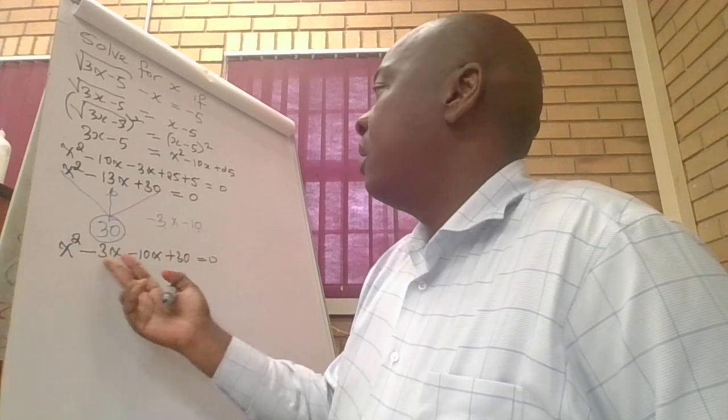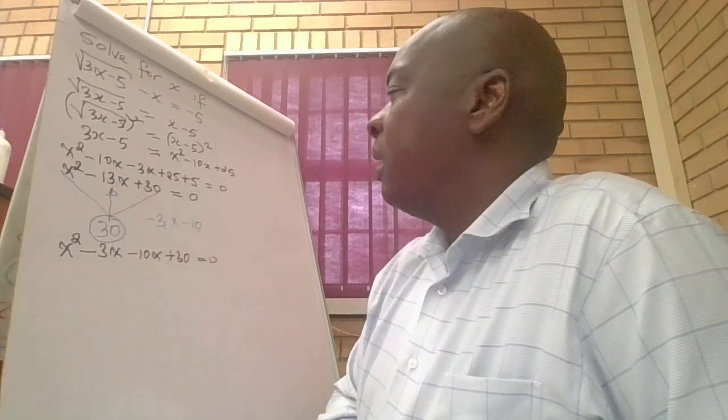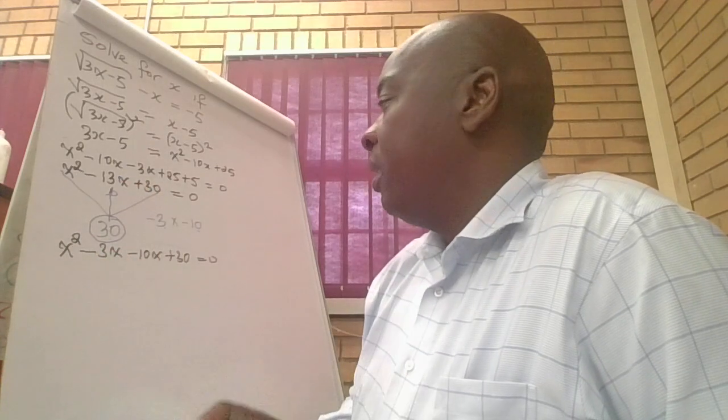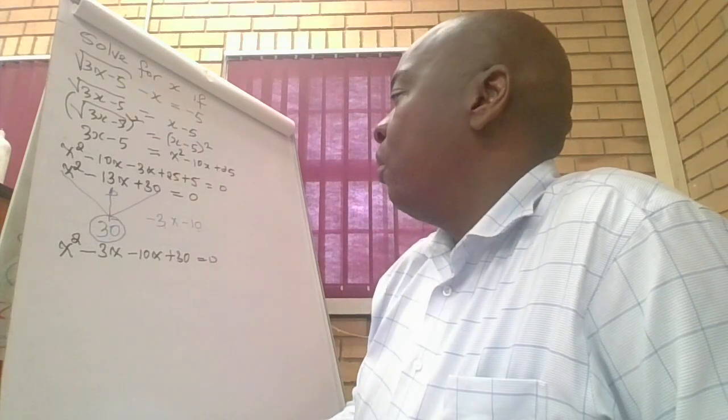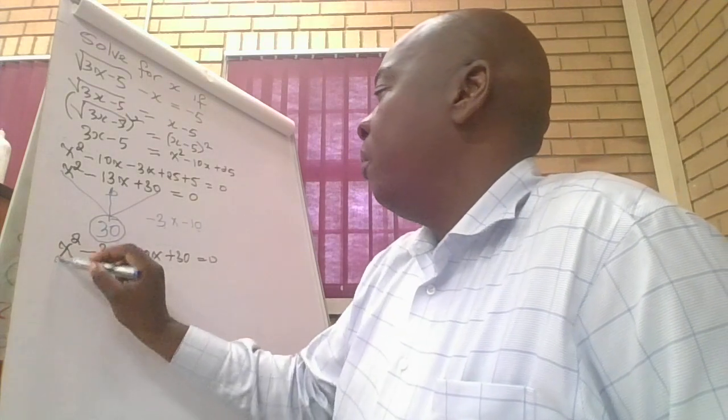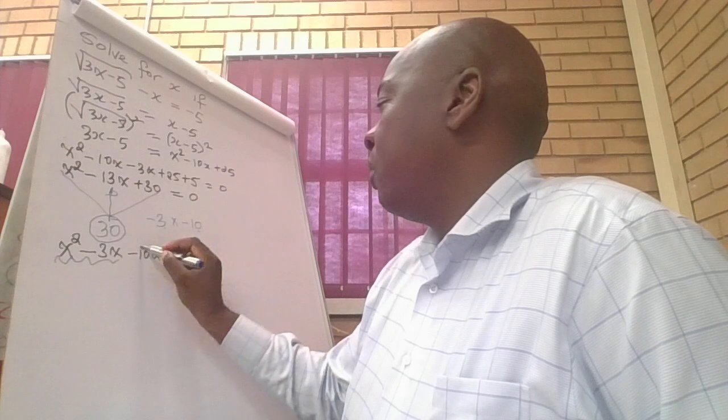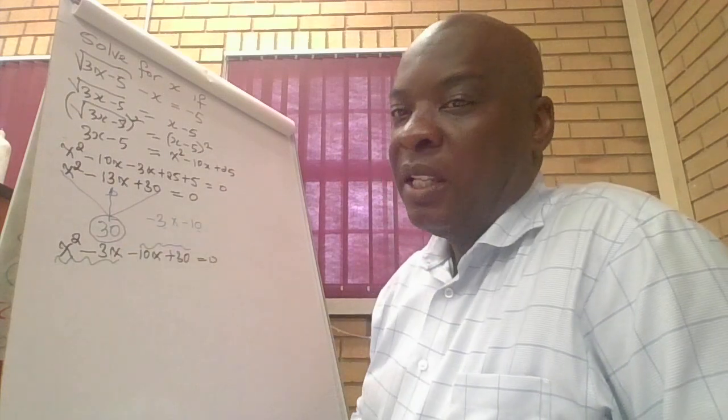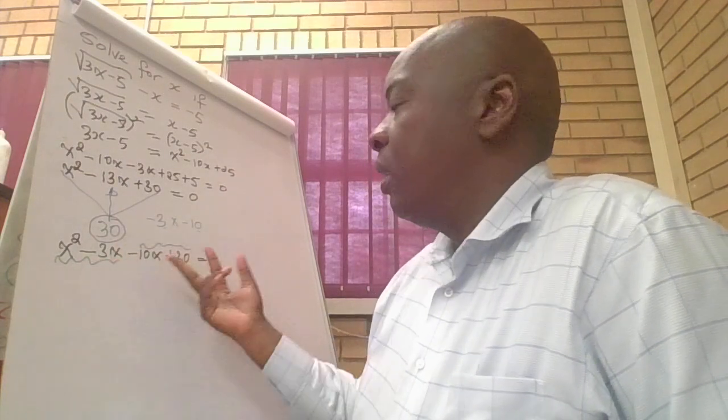So notice this still goes back to be minus 13. So all I've done here is just to express this into 4 terms so that I can factorize by grouping. So I group these factors in that order, the first two and the last two.